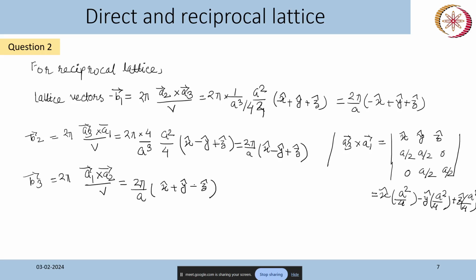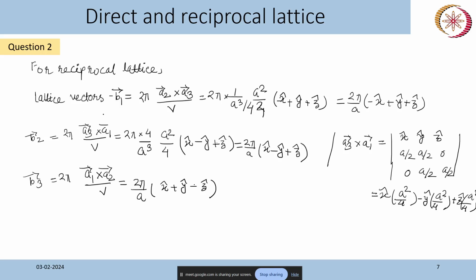Okay, so we got the lattice vectors of the reciprocal lattice, right?